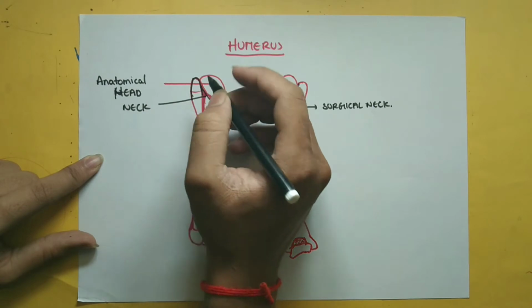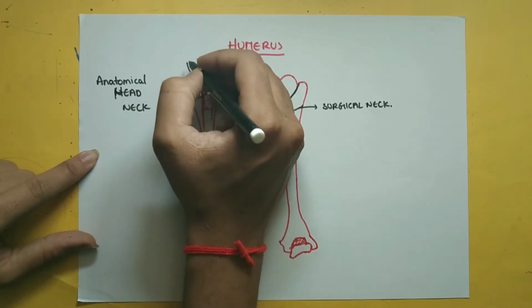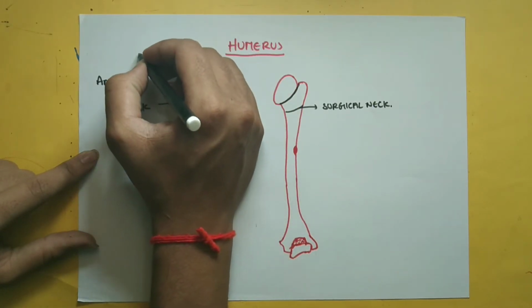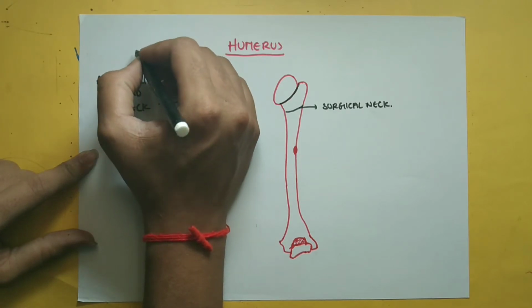This protruded part is the greater tubercle of humerus.